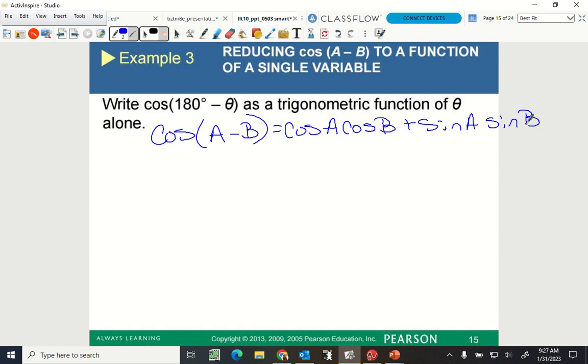And in this case, what is my B value? Theta. So I'm just going to plug those in. It becomes cosine of 180 times cosine of theta plus sine of 180 sine of theta.